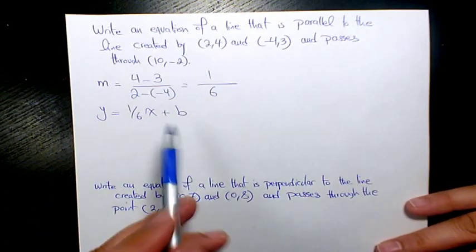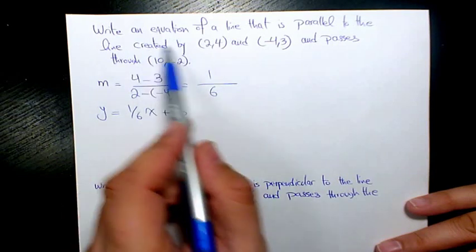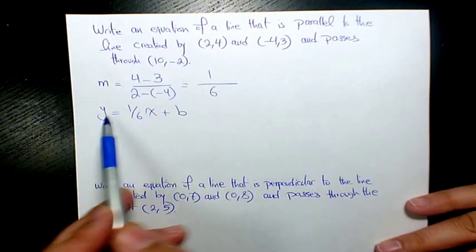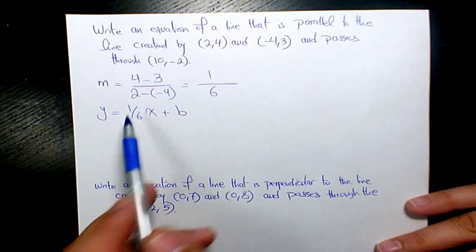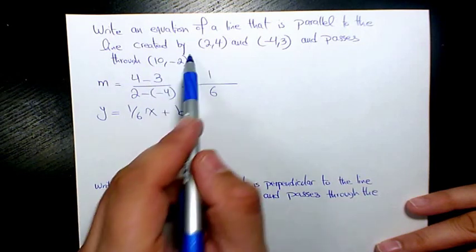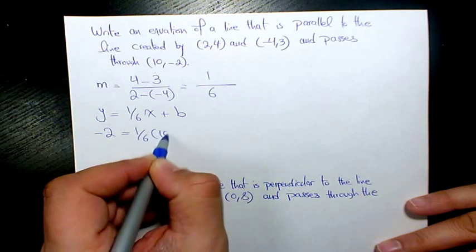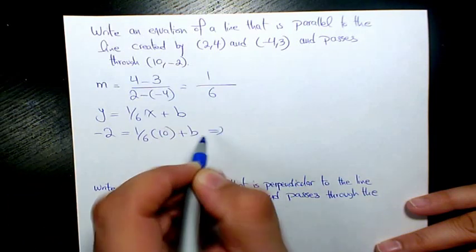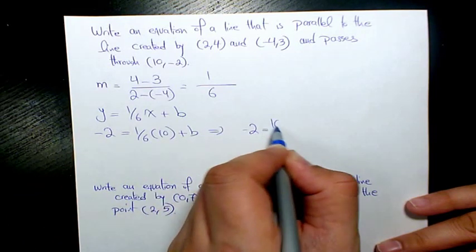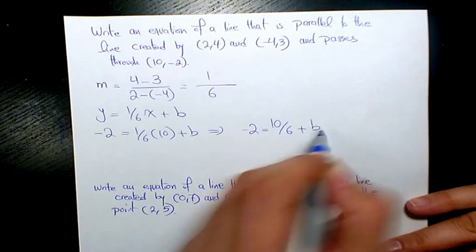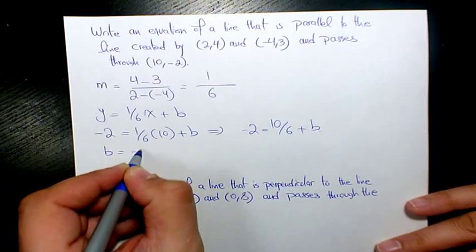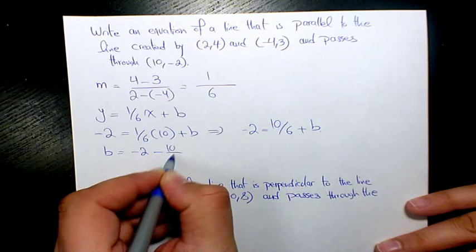In order to find the value of b, we need to use this point because that's part of the line, so it has to be valid in here. So I'm going to substitute 10 here and -2 here. So it's going to be -2 equals 1 over 6 times 10 plus b, which is -2 equals 10 over 6 plus b. It means that b will be equal to -2 minus 10 over 6.